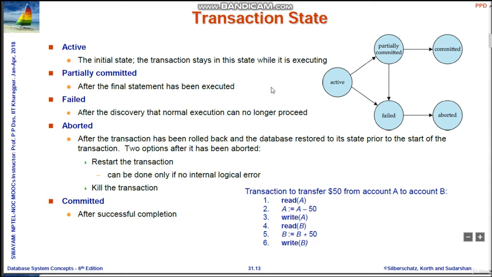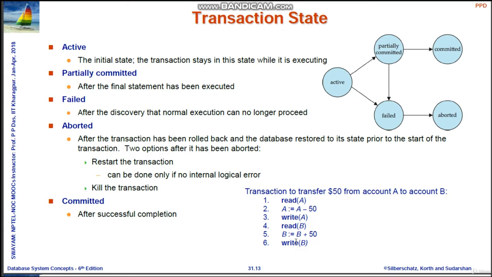Now what happens when our transaction is in the partially committed state? Means it has run but it has not been committed, it is present only in the main memory. So what happens due to system failure? Okay guys, hardware, OS crash, many more possibilities are there.